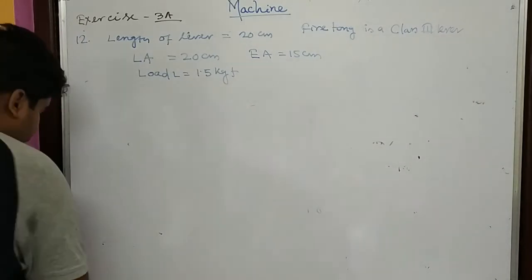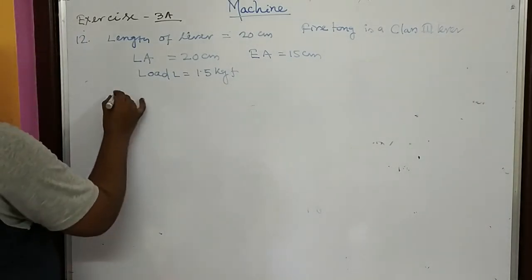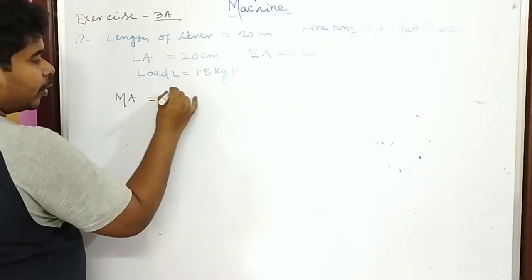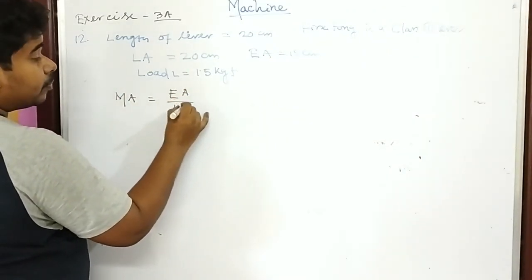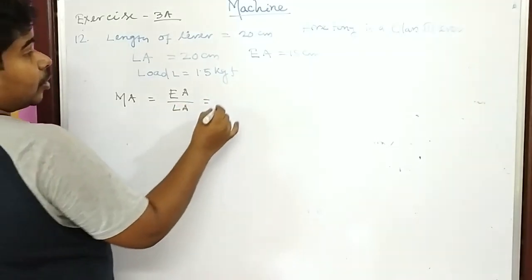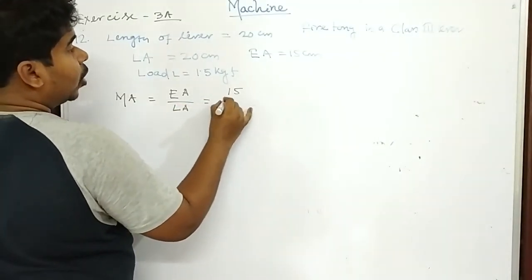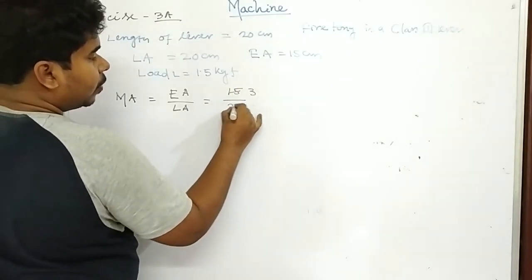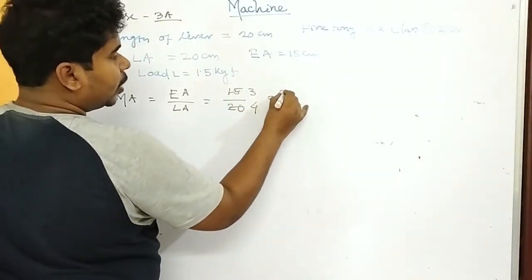So very easy numerical. Mechanical advantage, if I want to find out, is equal to effort arm by load arm. Effort arm is how much? 15. Load arm is 20. So 3 by 4.